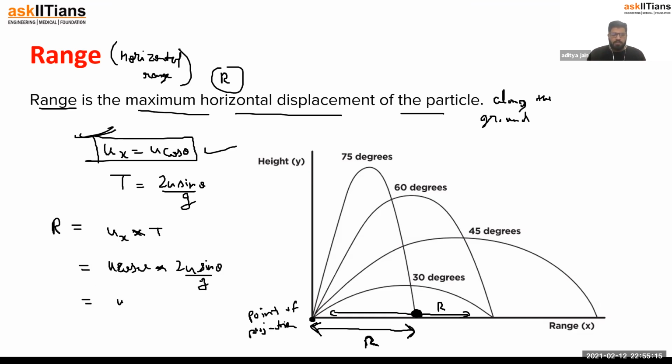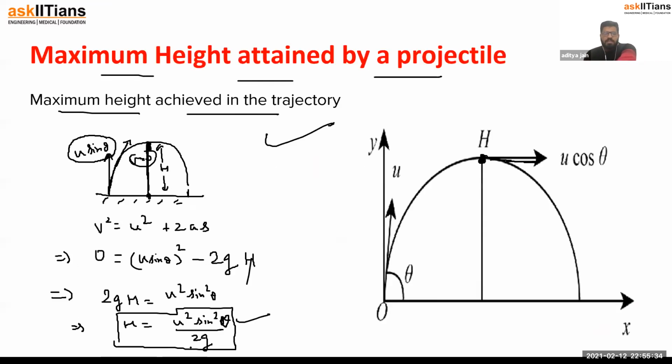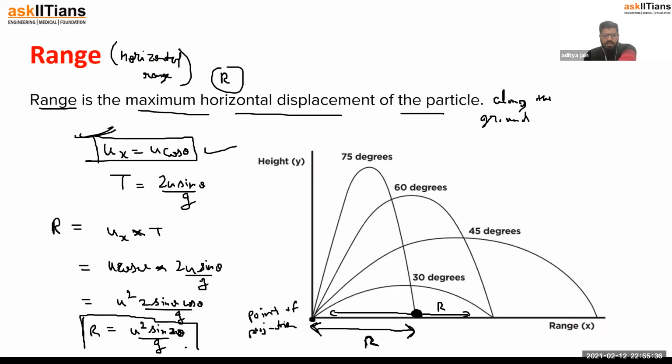So it will be u square 2 sine theta cos theta by g. And you know 2 sine theta cos theta is nothing but sine 2 theta. It is an identity that sine 2 theta is equal to 2 sine theta cos theta. So that is the range: u square sine 2 theta by g. That is the case of range.